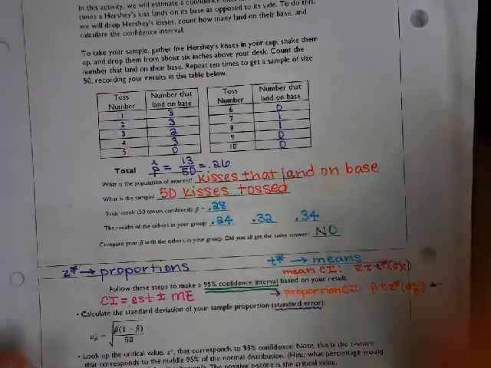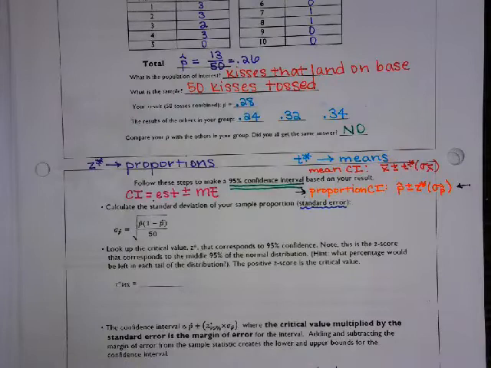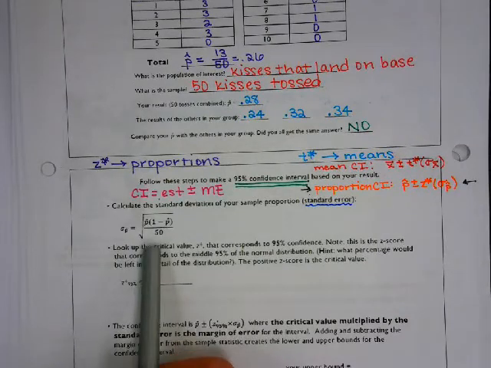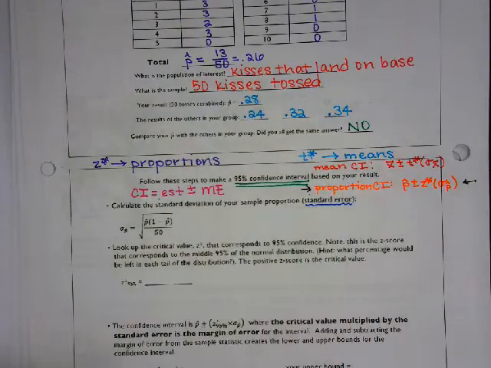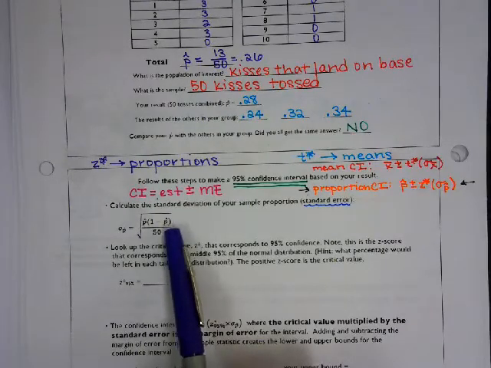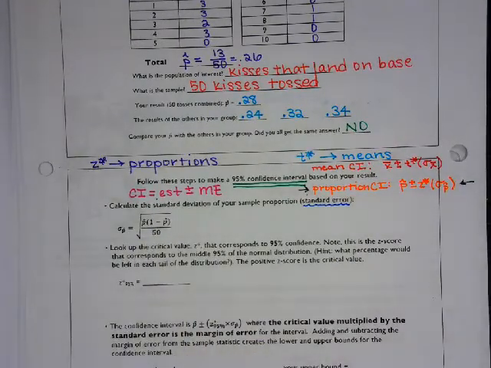I want you guys to find your standard error. Use your p hat that you got above. You do p hat times 1 minus p hat divided by 50 and then square root. So yours is going to be different than mine unless you got 0.26 like me.